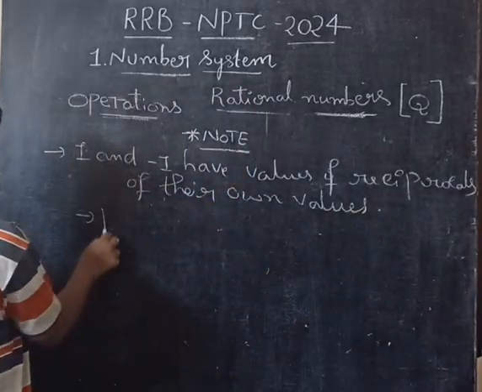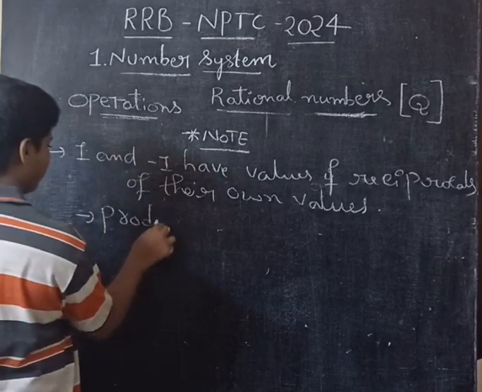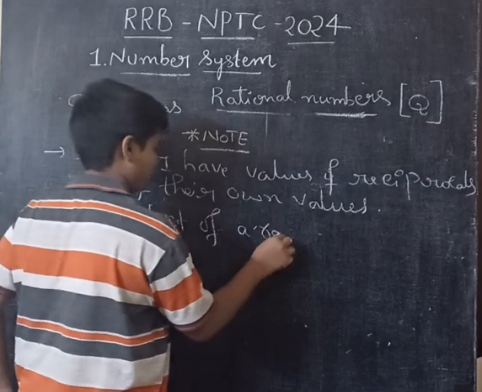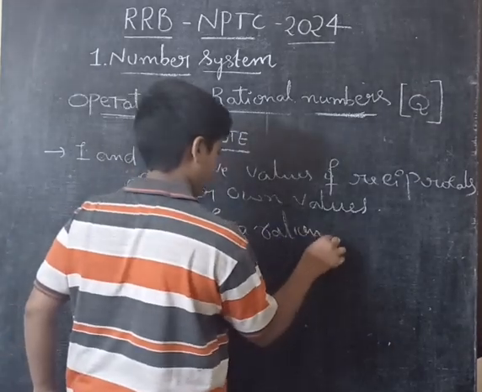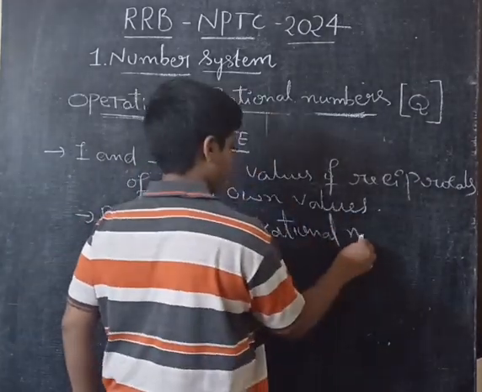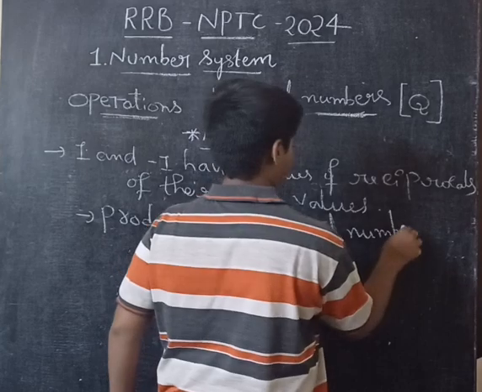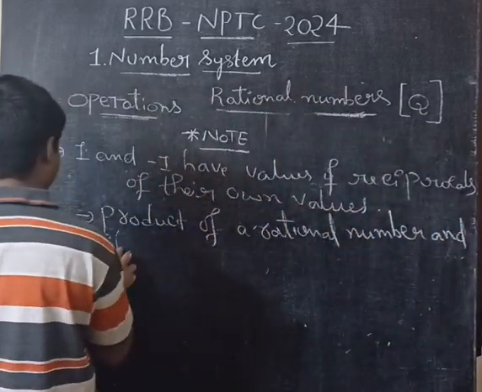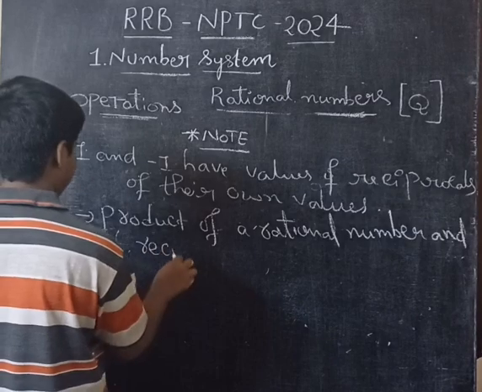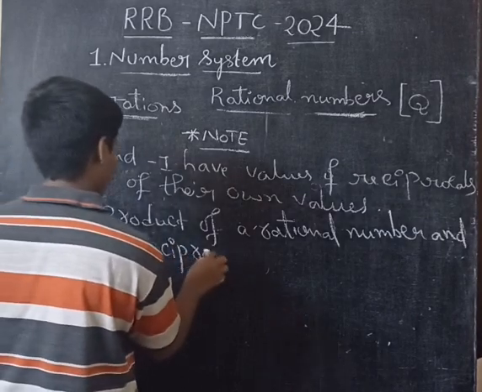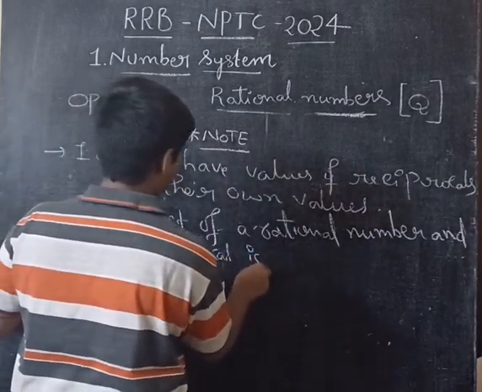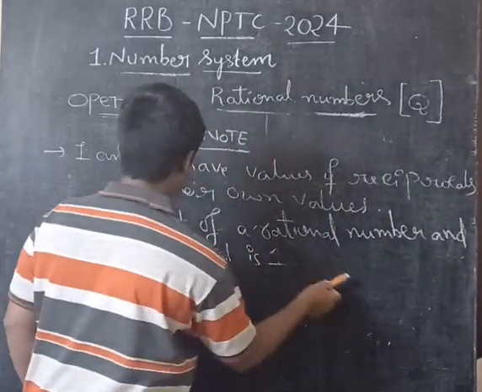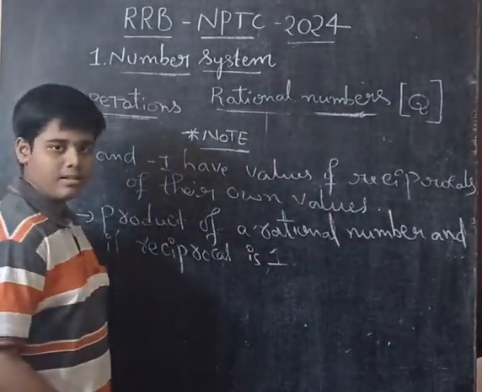Next one, the product of a rational number and its reciprocal is 1. How?